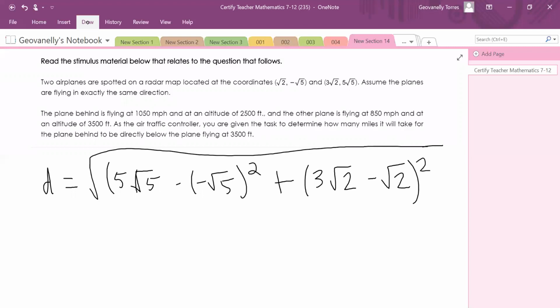So right here, we're just using these coordinate points, where we use the x's and the y's. So these are our y's, which are here.